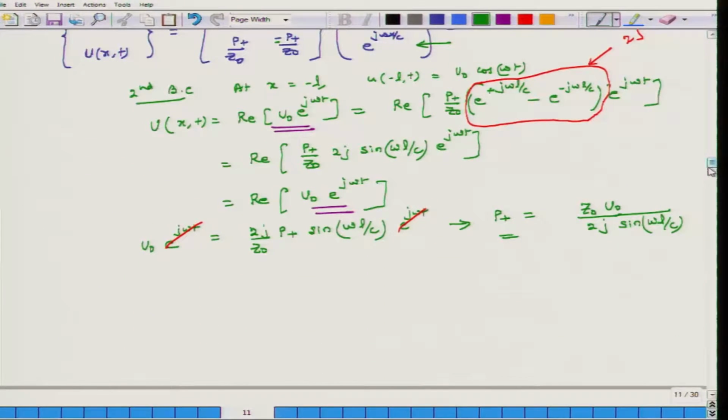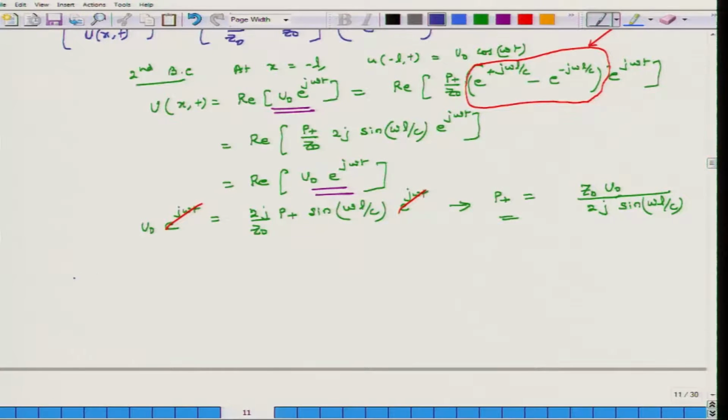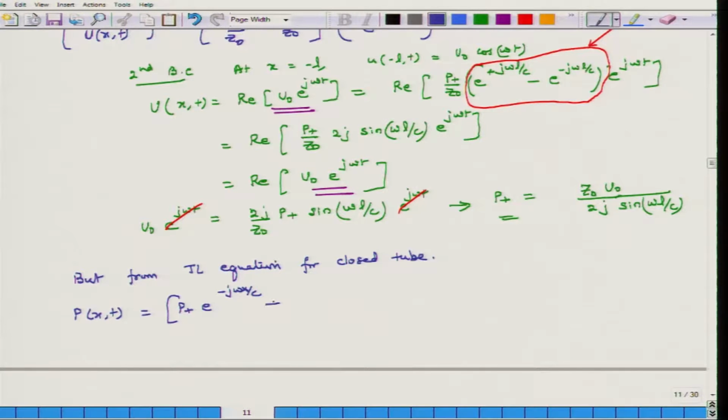So, from the TL equation for a closed tube, P of x t is equal to P plus e to the power of minus j omega x over c plus P minus e to the power of j omega x over c, times e to the power of j omega t.